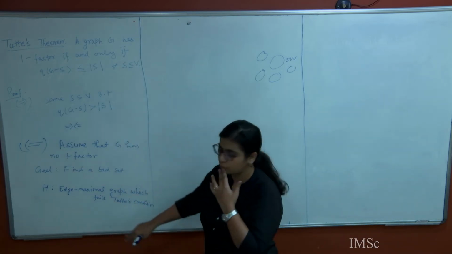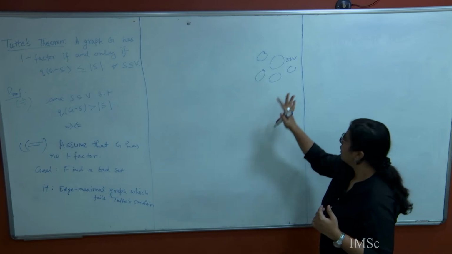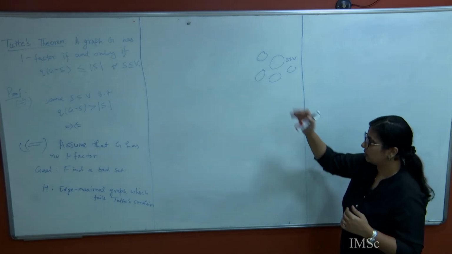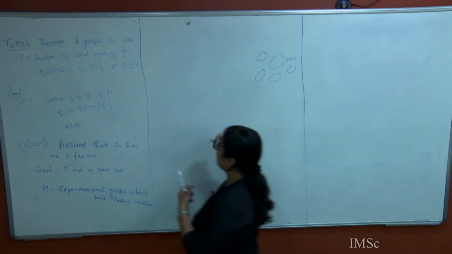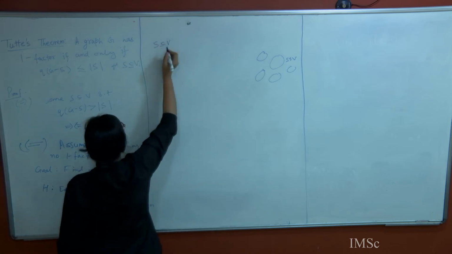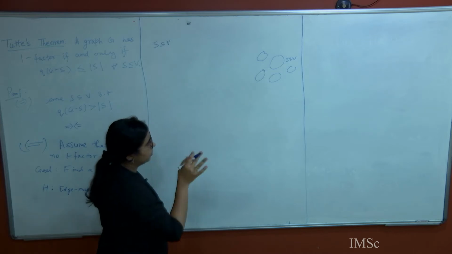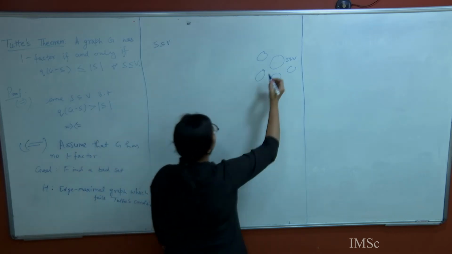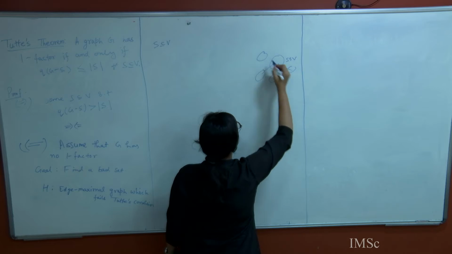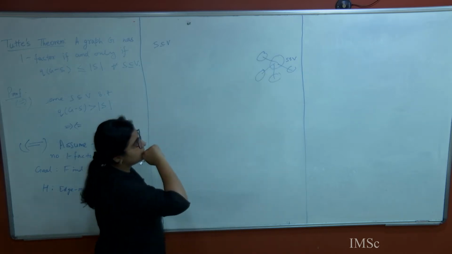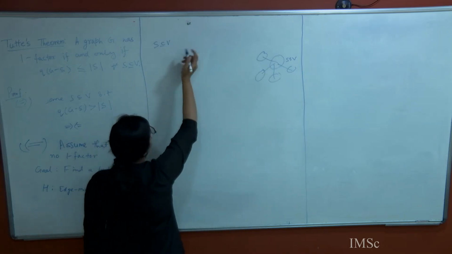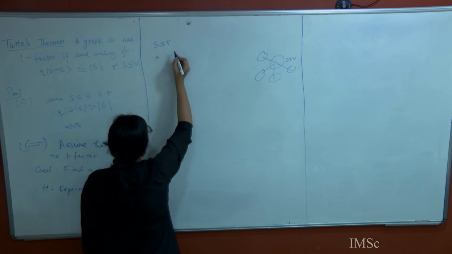Okay, so now in this graph, we said we have some subset S of V and these are its components, then how will the graph look? So we said that this set satisfies two conditions.